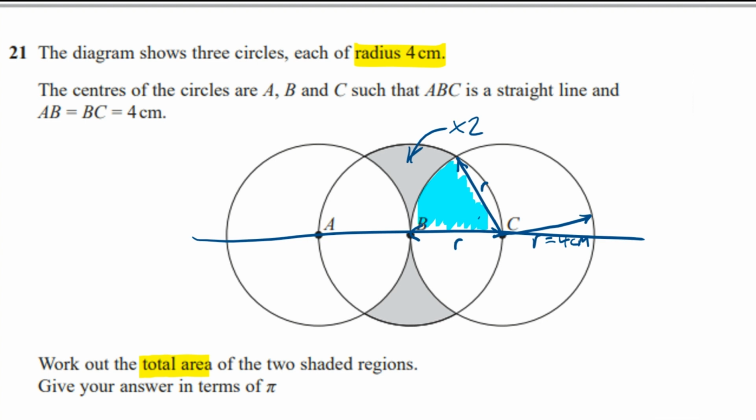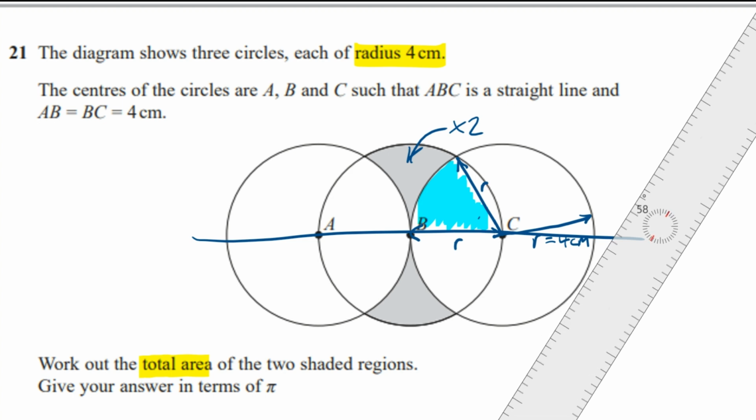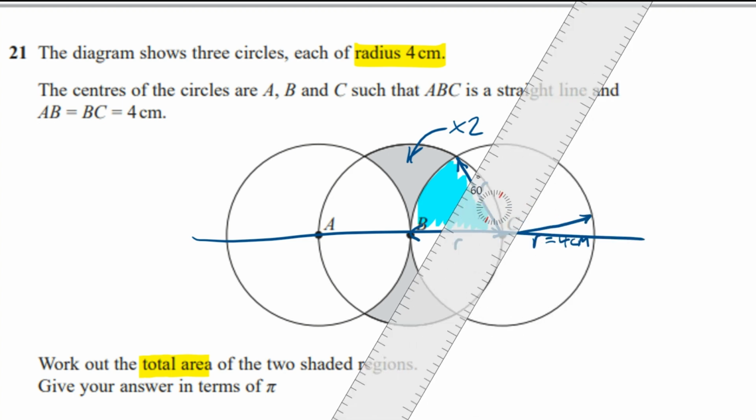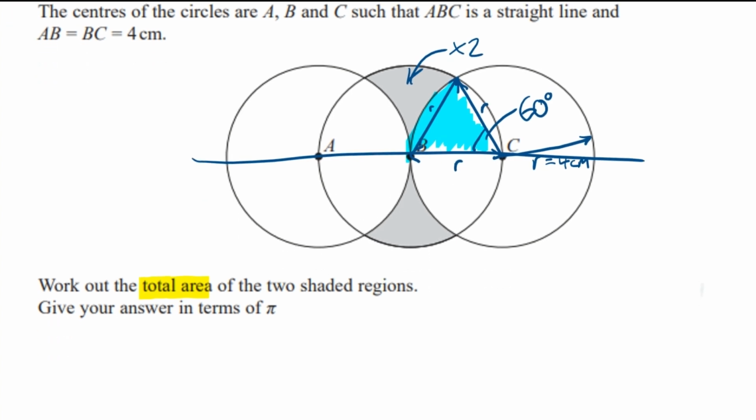It's going to be an equilateral triangle, because if we find the third side, this distance is also going to be r, because that's the distance from B to its radius. So these are all r, which means that this angle is 60 degrees. So this shaded light blue region makes up 1/6 of the total area of the shape.